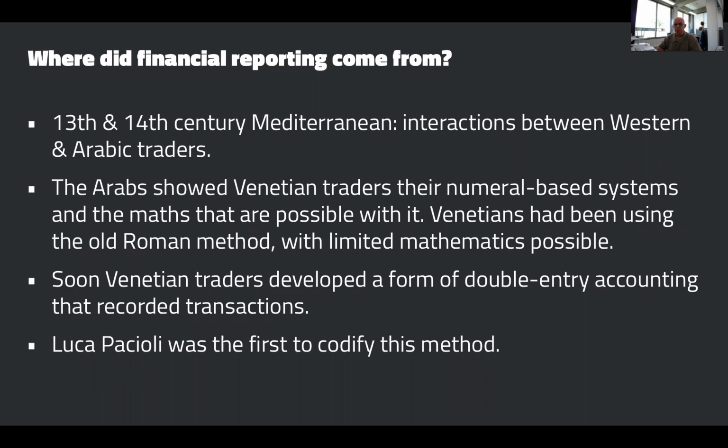And the Arabs brought us the numeral system that we still use today. And with that came a much more advanced set of mathematics. So the traders grabbed hold of this and they pretty quickly dumped the old Roman numbering system and used the new Arabic system to better record their trades, their transactions and their wealth.